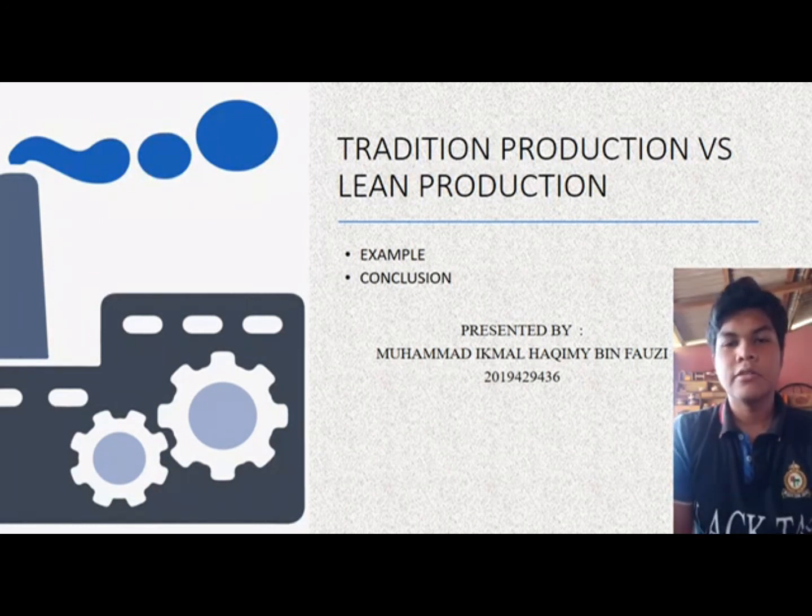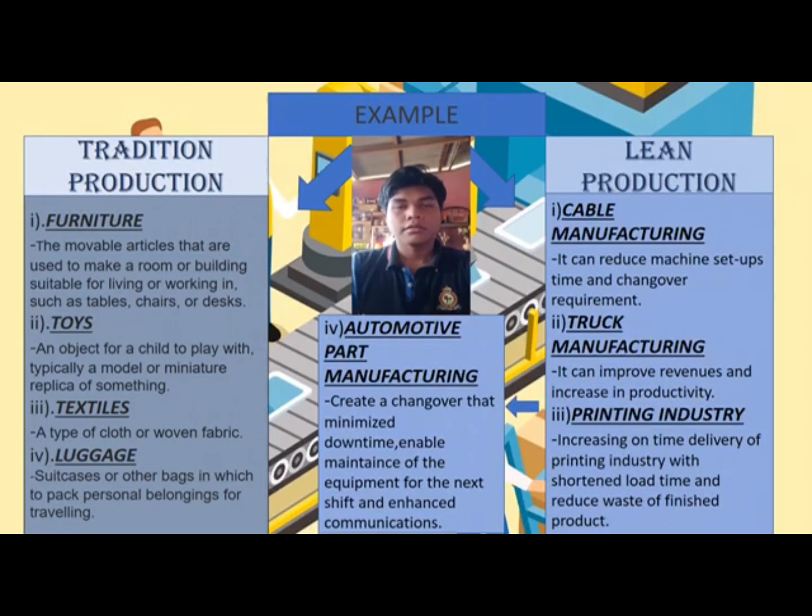I want to present about examples of traditional production versus lean production, and the conclusion. The examples of traditional production are, first, furniture: the movable articles that are used to make a room or building suitable for living or working in, such as tables, chairs or desks.